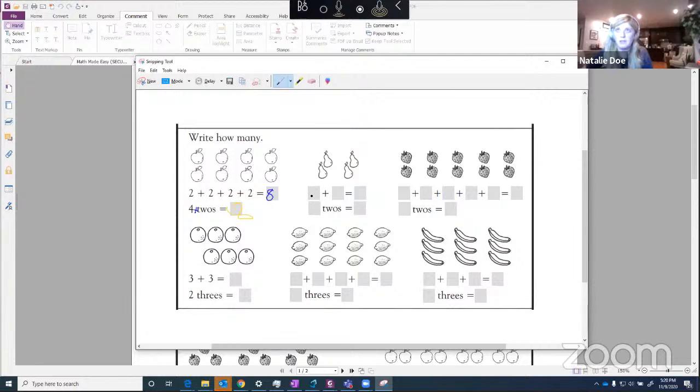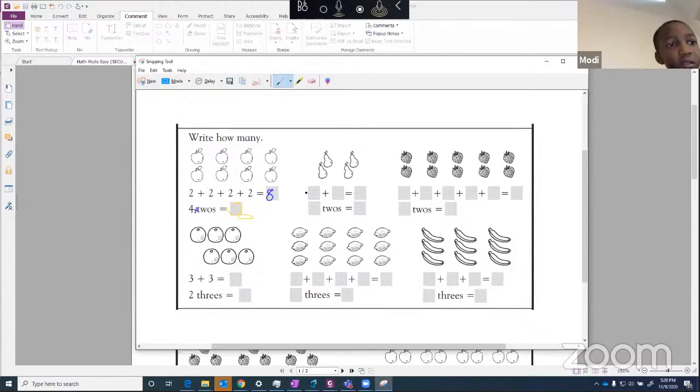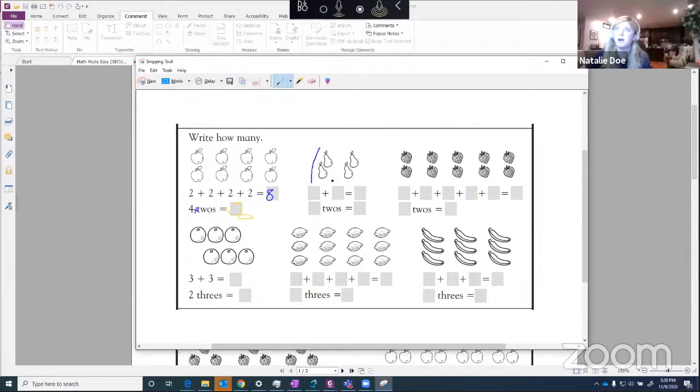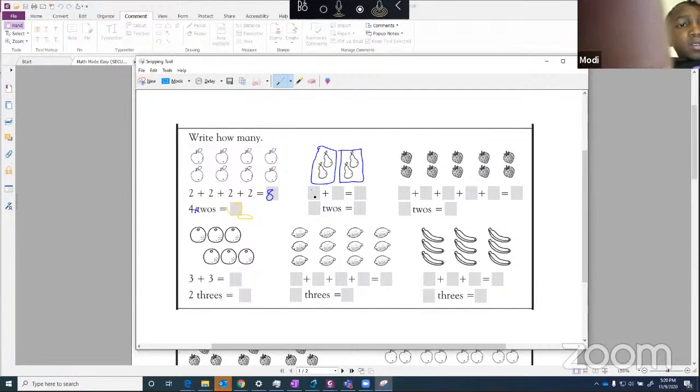What number should go in these gray boxes? 8. So what we want to do is put them into groups. So we've got 1 group of pairs. Exactly. So we've got 2 groups here of equal size.